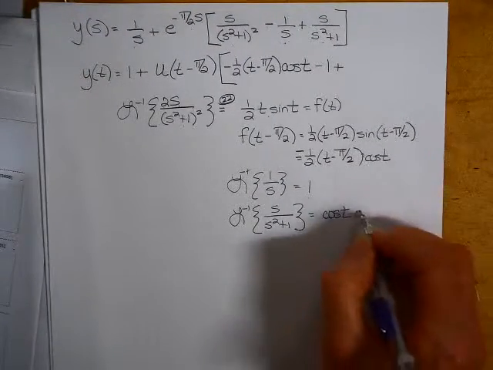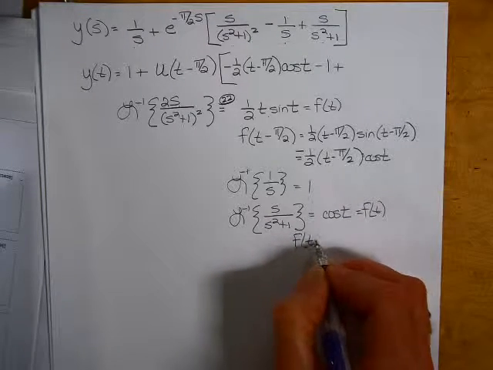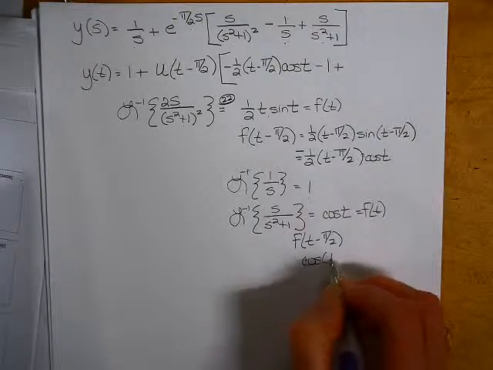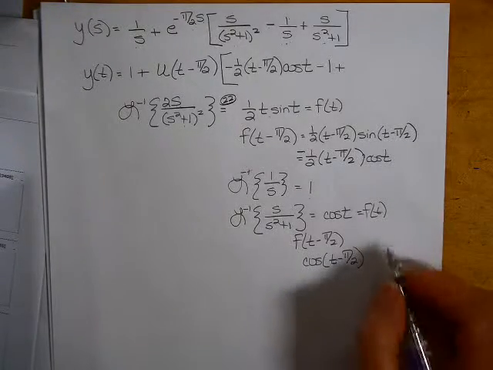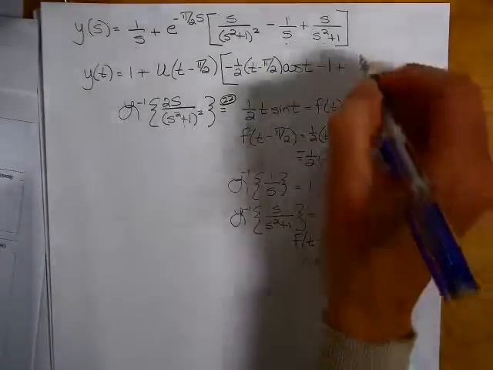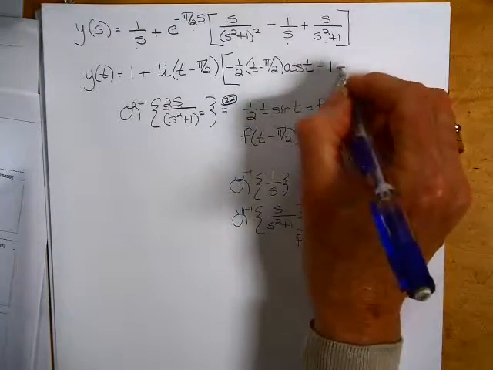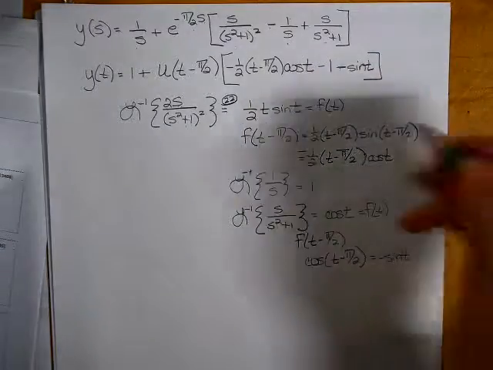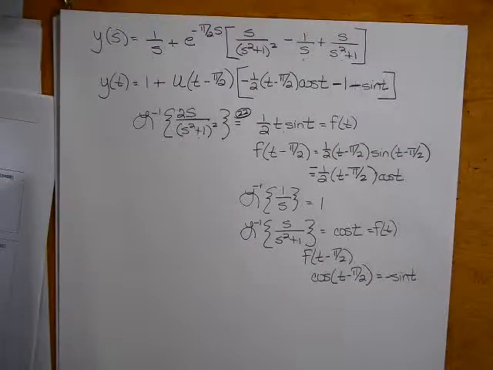But this is f of t again. You need f of t minus pi over 2. So you need the cosine of t minus pi over 2, which is negative sine t. And that is your answer, and it kind of combined a little bit of everything.